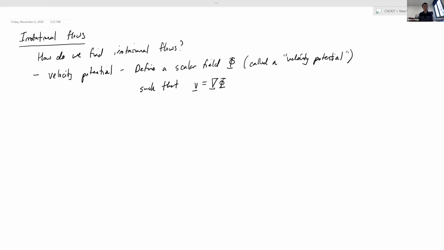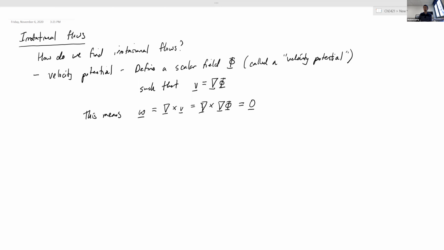The reason we want to do this is because our vorticity then, for the resulting velocity field, which is the curl of velocity, which is the curl of the gradient of phi, has to be equal to 0.